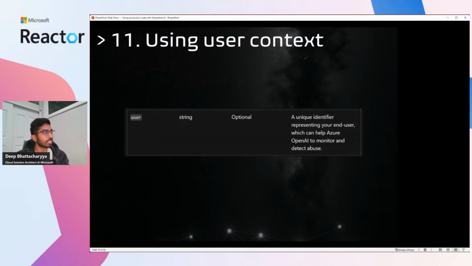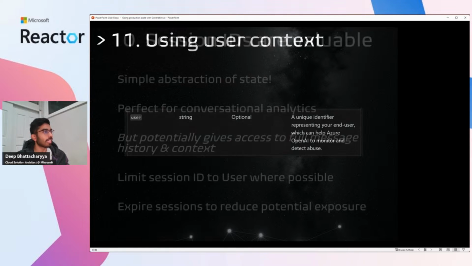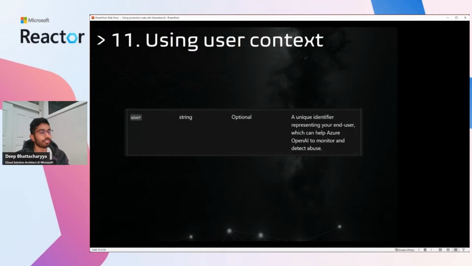So there is a specific user context, and that gives you access to the unique identifier of your user. However, I would recommend using your own authentication toolkit and using that to identify the user instead. So whenever someone goes onto your application, they should have to log in. And then once they log in, they'll be able to use your application, and you'll know who they are and any context that they've had in the past.